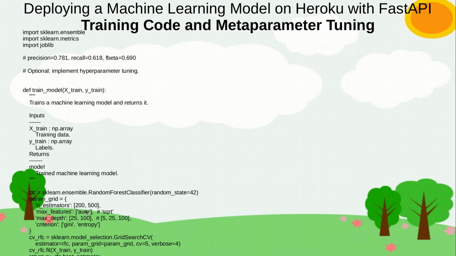Here is the code to train the machine learning model with the algorithm random forest with different values for the metaparameters, and only the best model is selected for production.